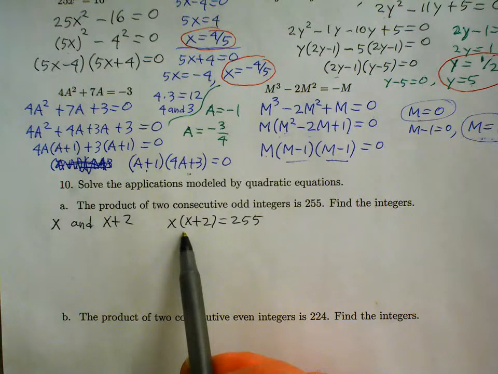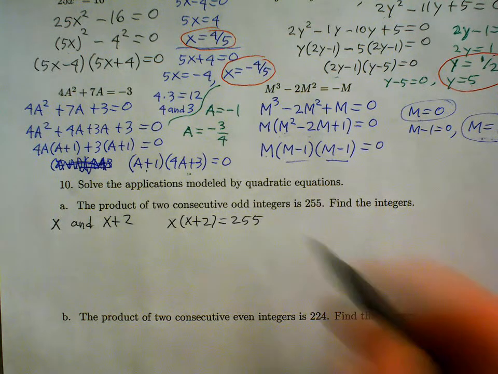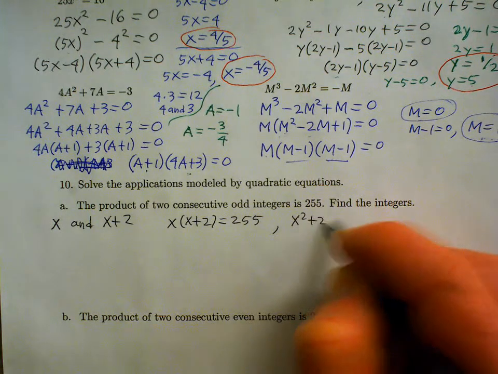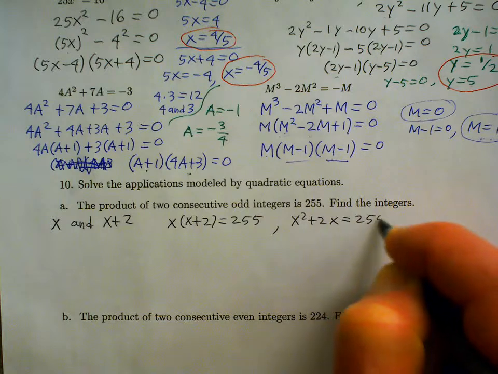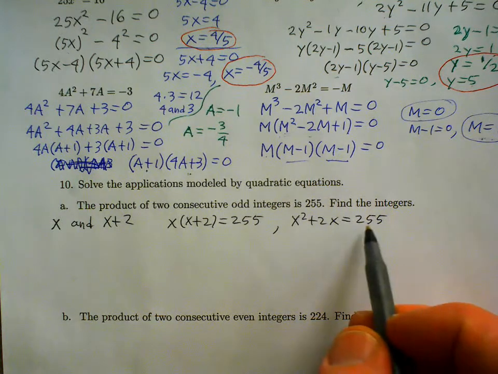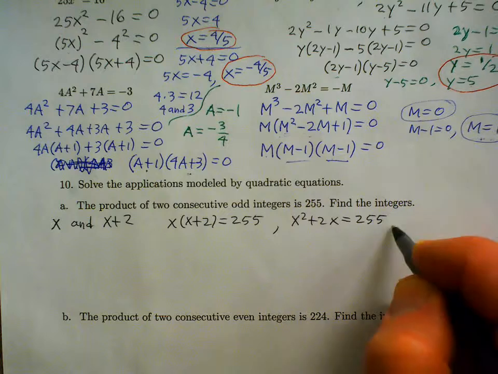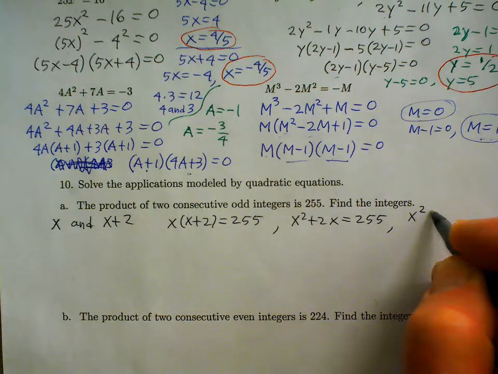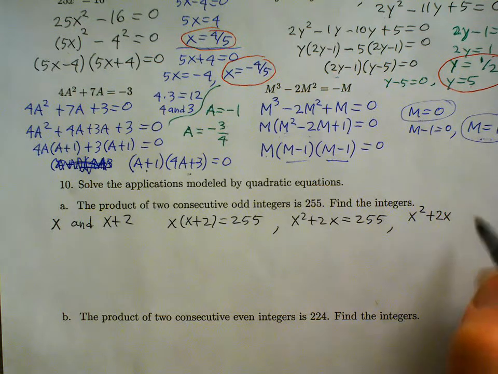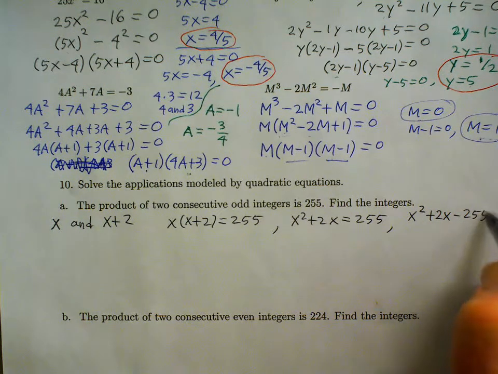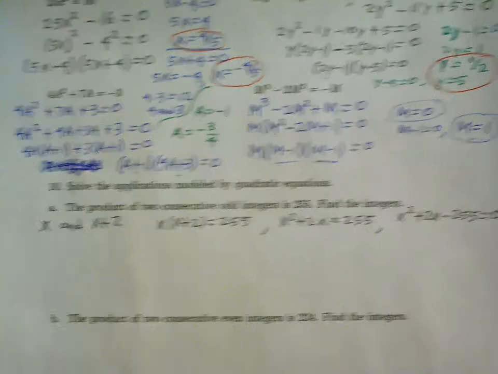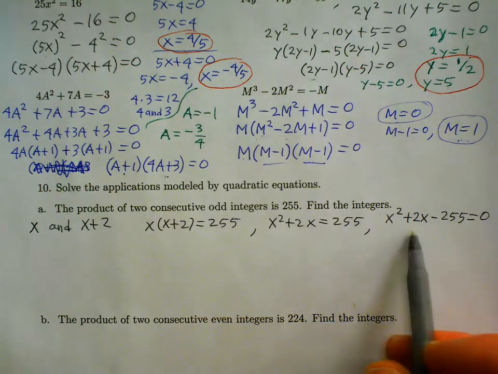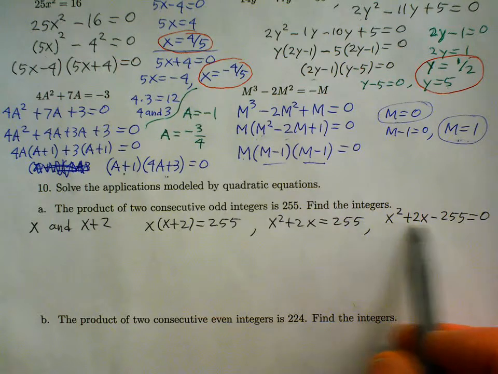We get a polynomial equation. If we multiply x times x plus 2, we get x squared plus 2x equals 255. And then we'll solve by factoring, so we'll subtract 255 from both sides. X squared plus 2x minus 255 equals 0. Now we'll factor the left-hand side.